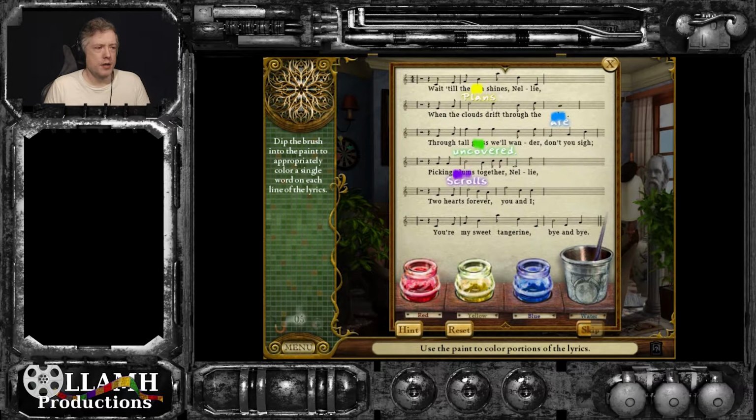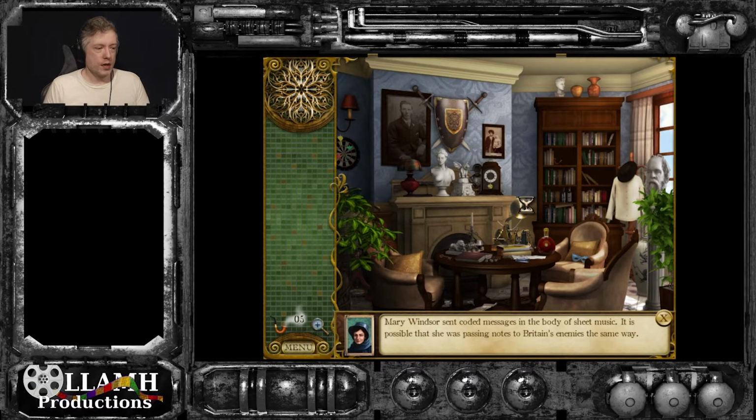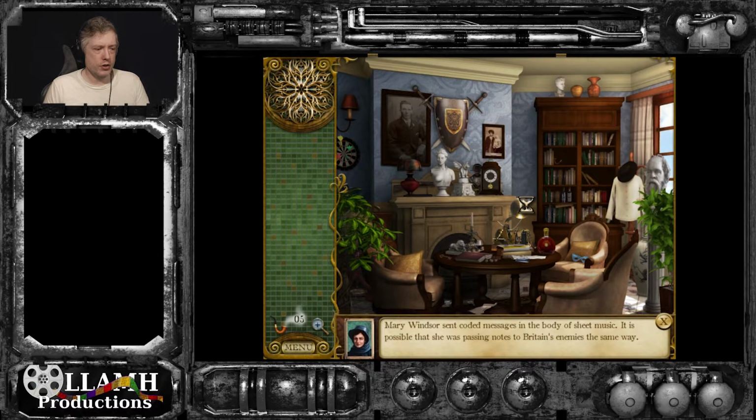Plums. Heart. Plans are uncovered. Scrolls in... transit. Okay. Mary Windsor sent coded message.